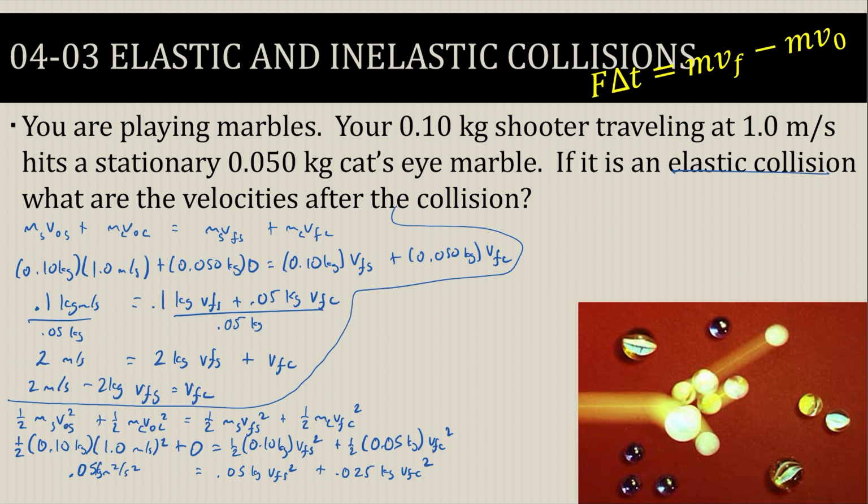So I think what I will do is I will divide everything by the 0.025 kilograms. If I do that, I'll end up with 2 meters squared per second squared equals 2 VFS squared plus VFC squared.